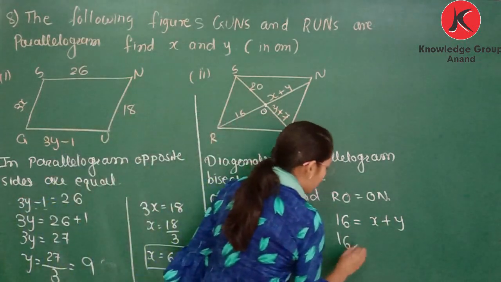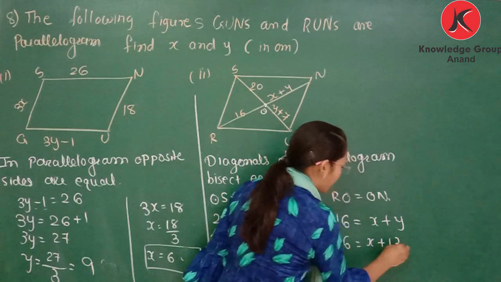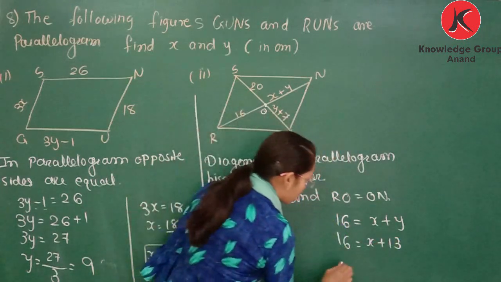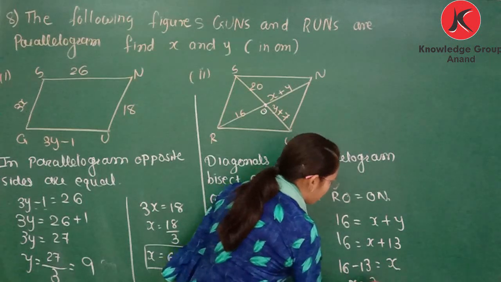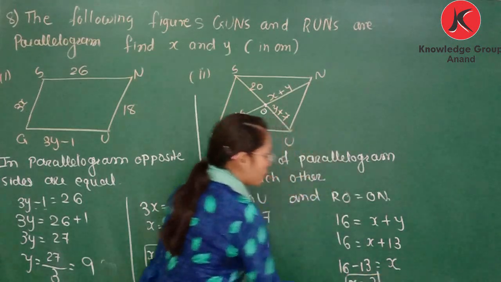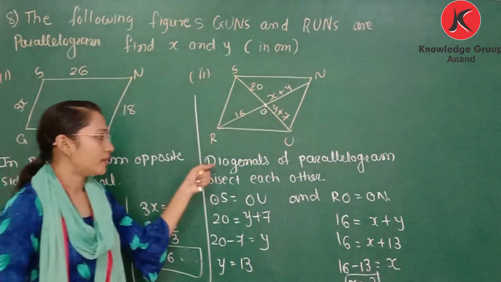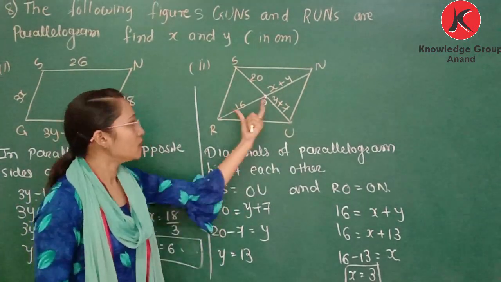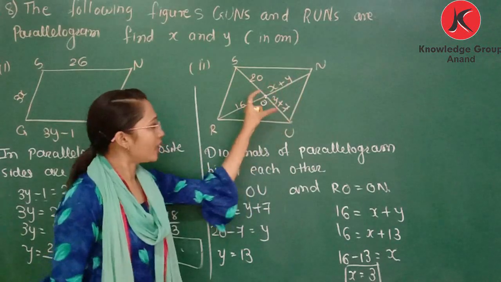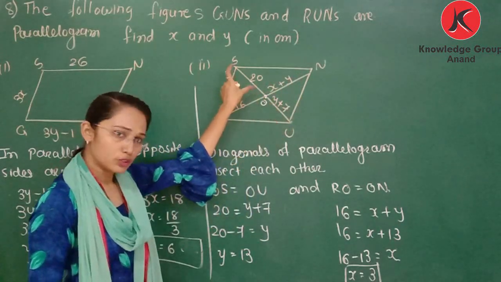So 16 is equal to x plus 13. Now 13 in subtraction. So 16 minus 13 is equal to x. So x is equal to 3. Which property did we use? We use diagonals of a parallelogram bisect each other. So we can write this part is equal to this part and this one part is equal to this part. Clear?